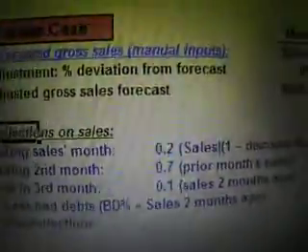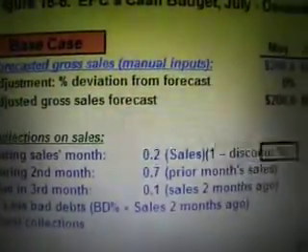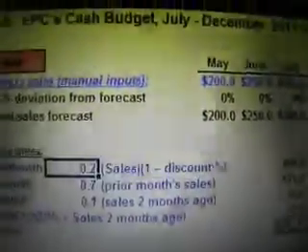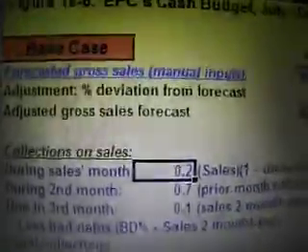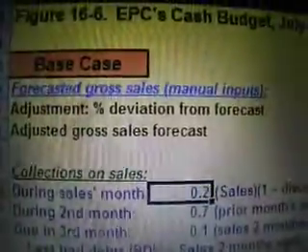In this example, they are assuming that 20% of the customers pay in the same month and they take a 2% discount.